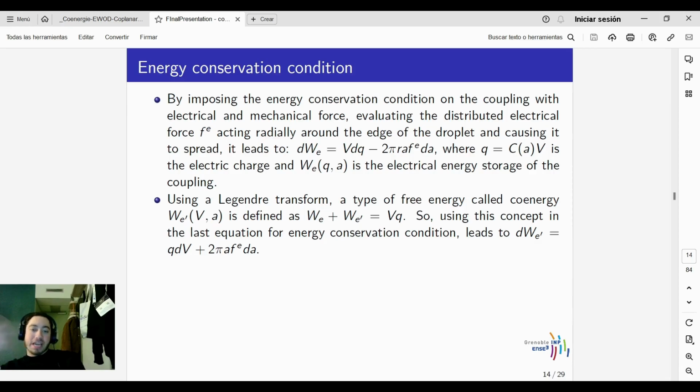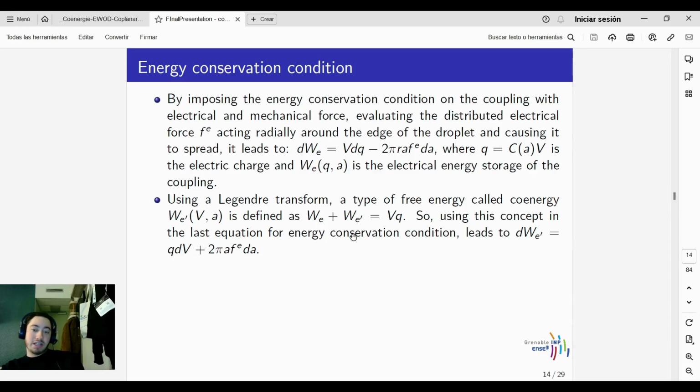So yeah, it's a little bit complicated, but it's a useful mathematical tool that the author uses in this part in order to define a new term that he calls co-energy, that is expressed, as we can see here, WE prime, that in this case will no longer depend on Q, but it will depend on the voltage.